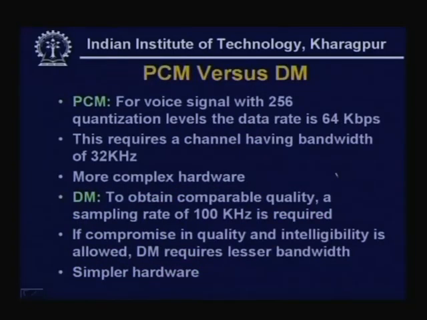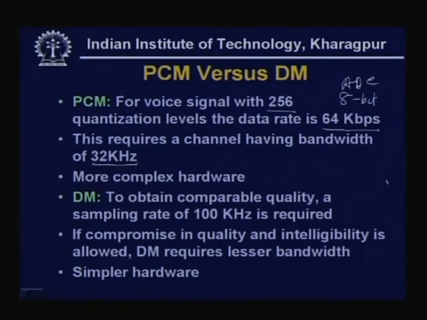So, here we shall compare pulse code modulation with delta modulation. We have seen that for a voice signal with 256 quantization levels, that means using an 8 bit ADC, the data rate is 64 kilobits per second, and this requires a channel bandwidth of 32 kilohertz.